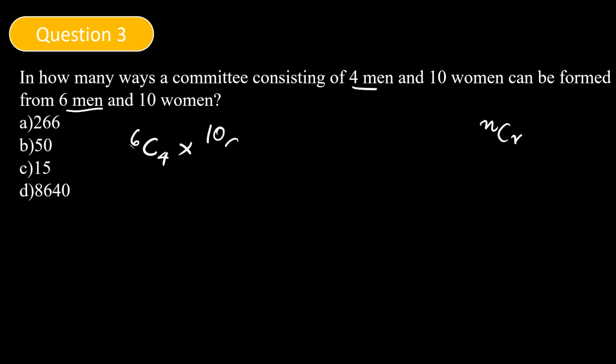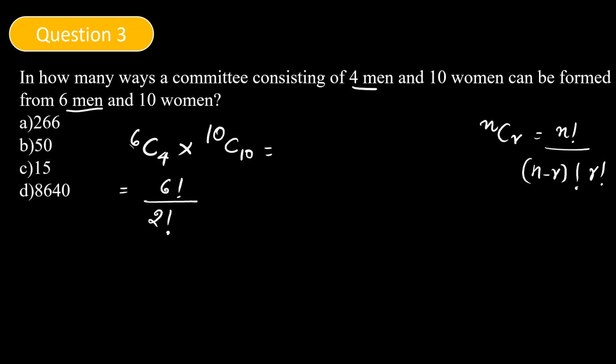Therefore, 10C10. nCr is equal to n factorial by (n minus r) factorial into r factorial. So this is 6 factorial by (6 minus 4) factorial into 4 factorial, and 10C10 is 1. This is equal to 15. Option C.